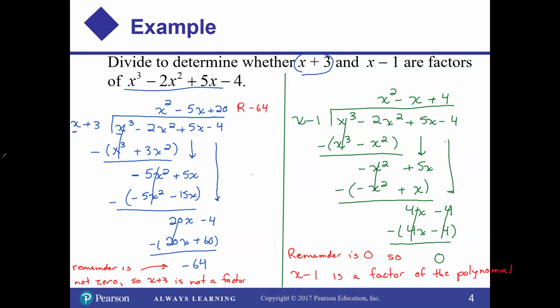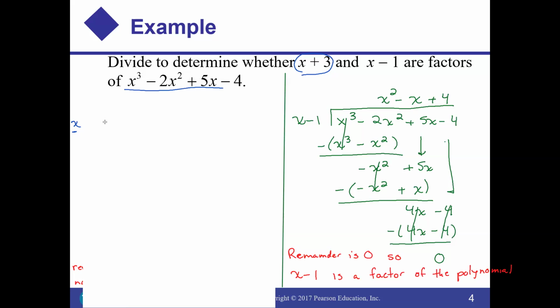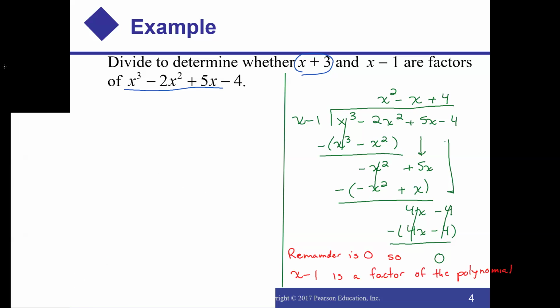And just to go a little bit further with that, this one didn't work, so I'm going to get rid of it for right now. What that means is x minus 1 is one of my factors. So from x cubed plus 2x squared plus 5x minus 4, one of the things I can factor out is an x minus 1.